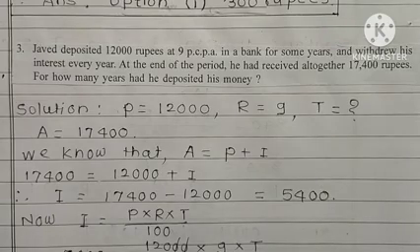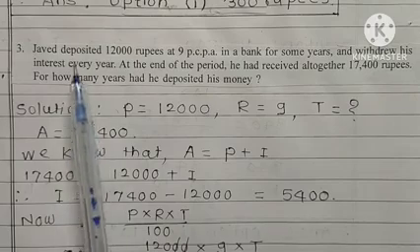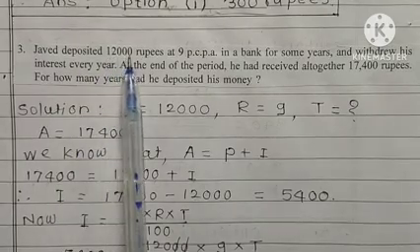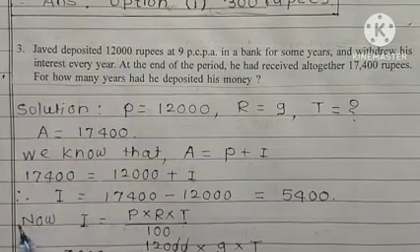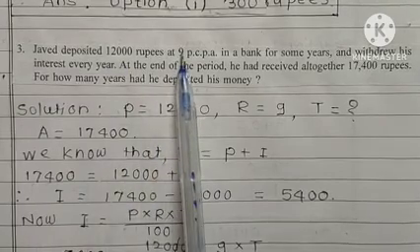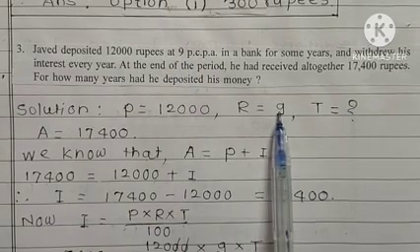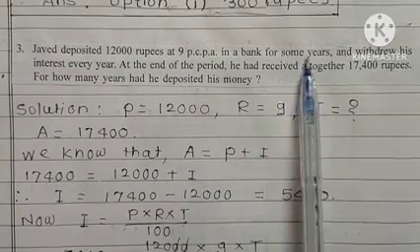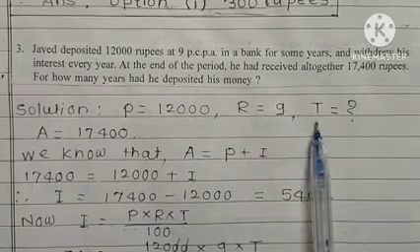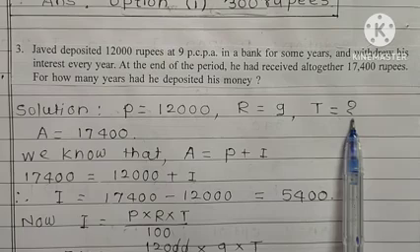First of all, try to understand what is given and what is asked. Here, principal amount is 12,000 rupees. Rate of interest R, that is 9 percent per annum. For some years, that means T, we don't know.